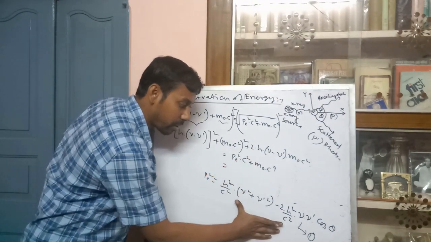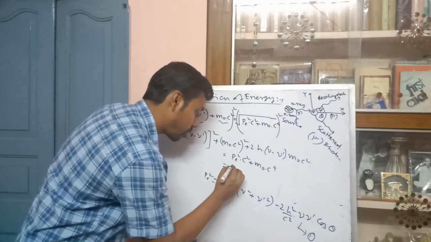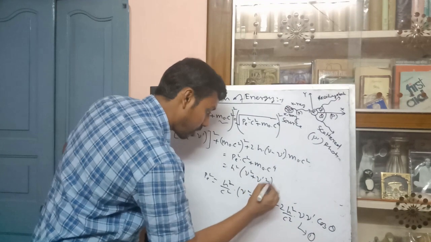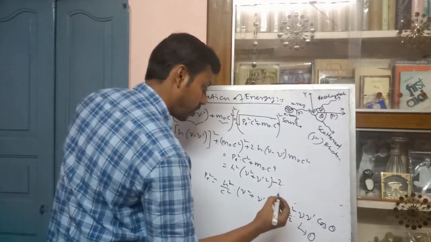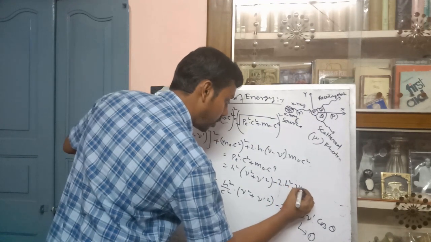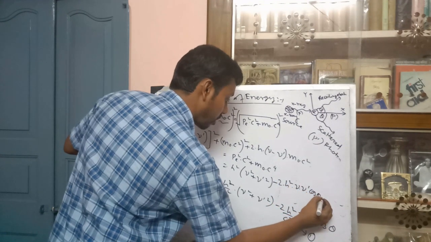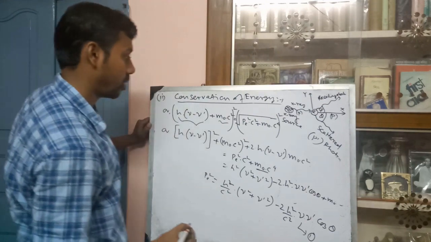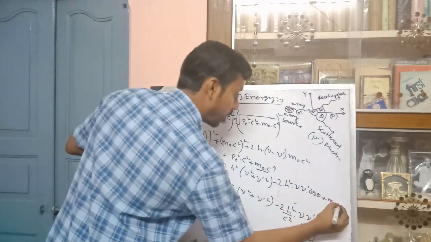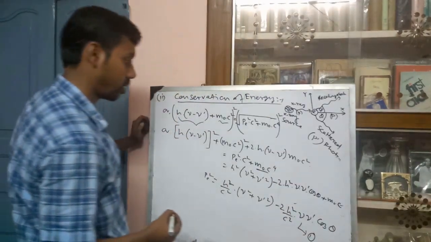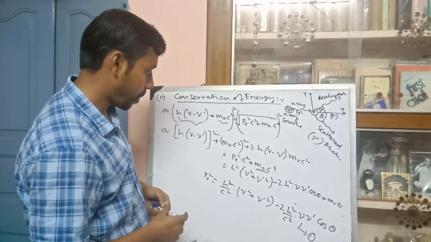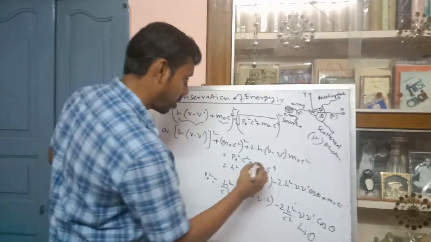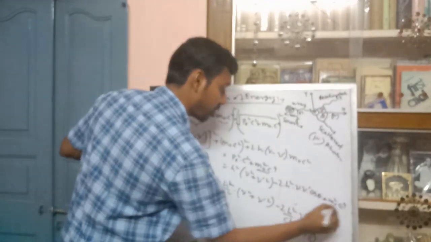If this c square is multiplied with this equation, then we will get h square into nu square plus nu dash square minus 2 into h square into nu dash into cos theta, plus this quantity m0 square into c to the 4.